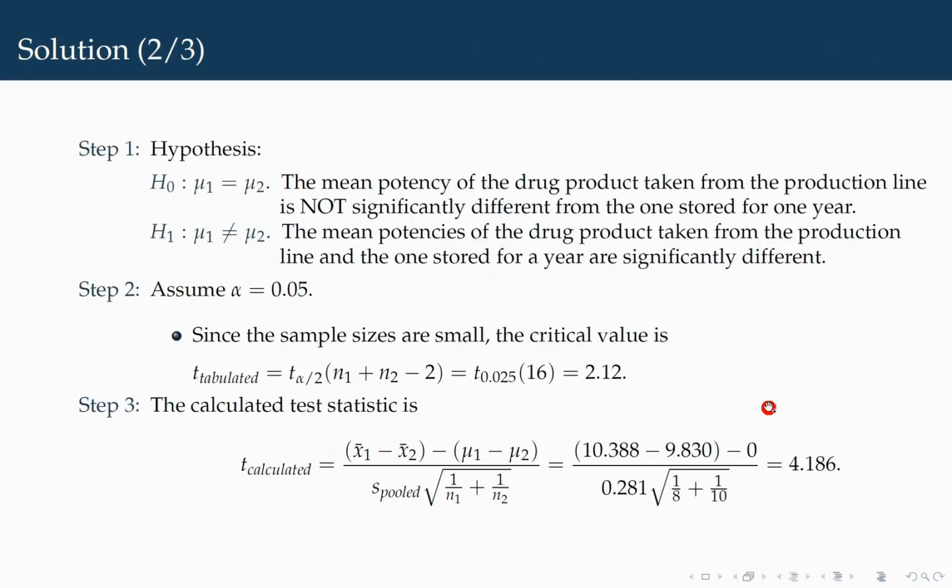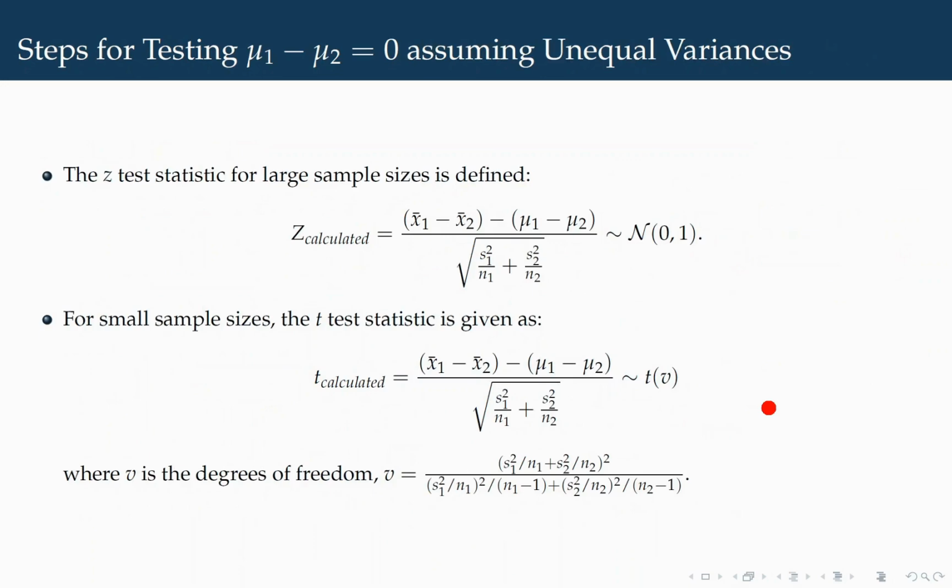But when we assume the two groups have different variances, the degrees of freedom is going to be, let's say, V, and this V is determined as a function of the sample variances and thus the number of observations of the two groups. So we need to determine V using this formula, which seems somewhat complex.